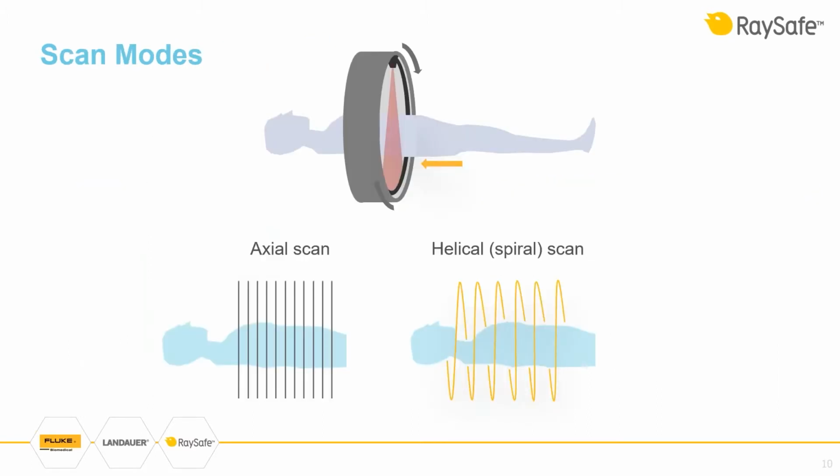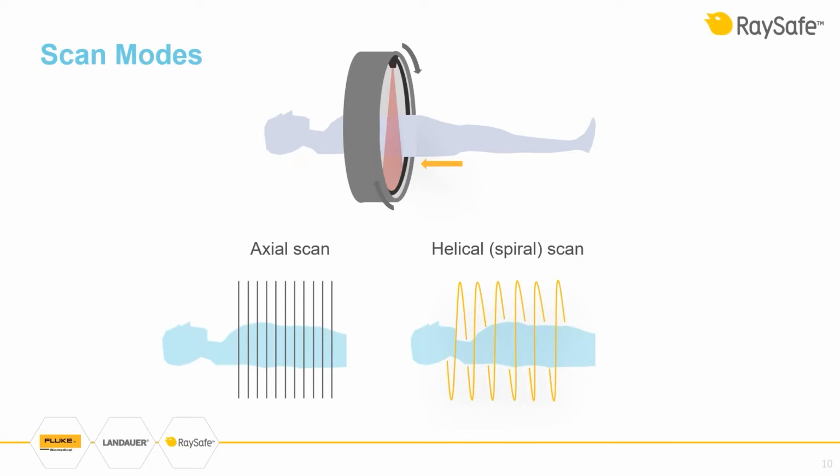The first way is that it makes a full rotation around the body. Thereafter, the patient is moved and another rotation is made. All these signals are then processed by a computer and it creates image slices of the patient. And these slices make it possible for medical staff to investigate different layers of the patient's internal anatomy.